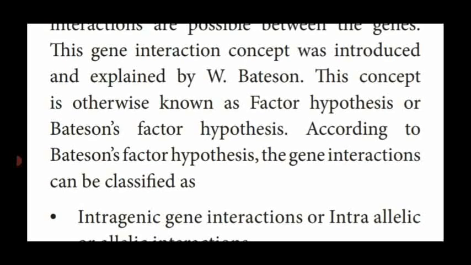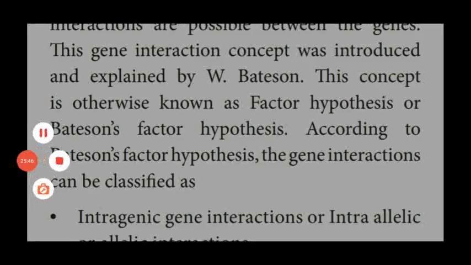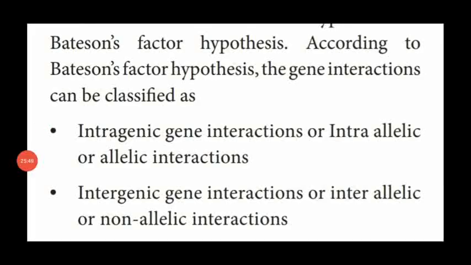That hypothesis is named the factor hypothesis or Bateson factor hypothesis. Based on gene interaction, Bateson classified it into two types. As we have seen in the previous flowchart: intragenic gene interaction or allelic interaction, and intergenic gene interaction or non-allelic interaction.